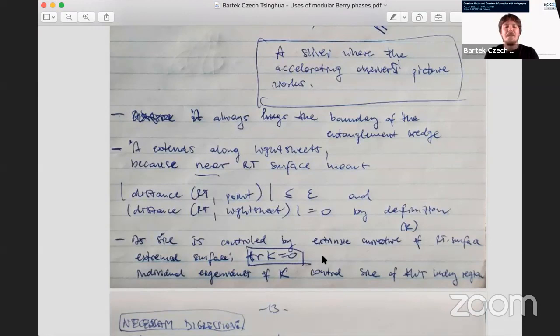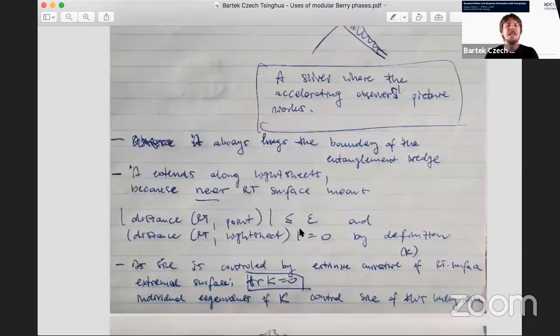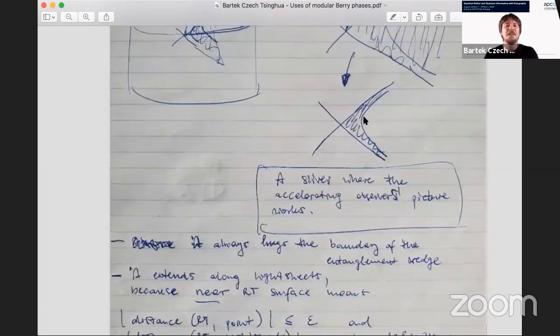Remember that an extremal surface is specified by the condition that the trace of the extrinsic curvature tensor is zero. But the trace being zero means that individual eigenvalues can be non-zero. They just have to add up to zero. And so the individual eigenvalues set the distance at which this accelerating observer's description will break down.